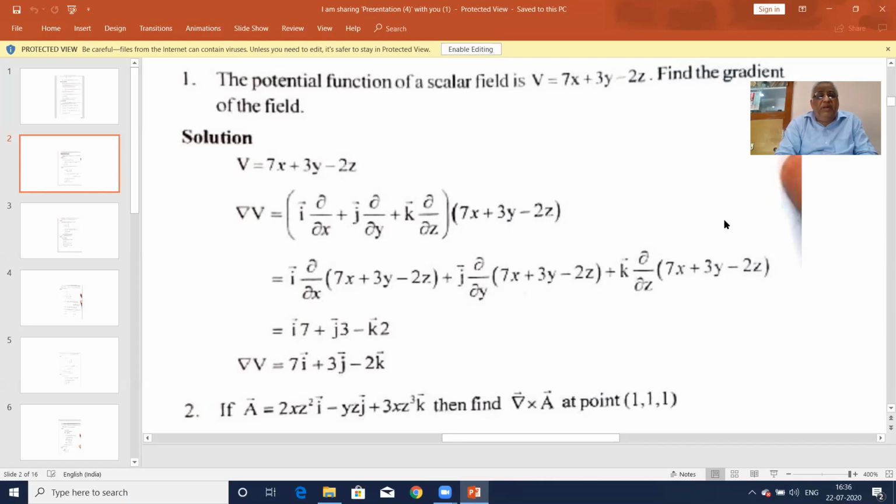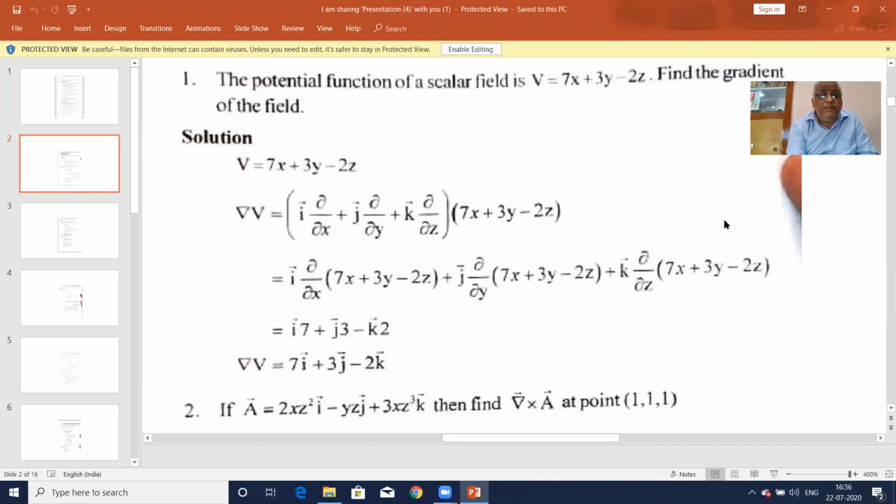If we differentiate with respect to x, y and z, we get the result as i into 7 plus j into 3 minus k into 2. So gradient of the scalar field V is 7i plus 3j minus 2k. This is the solution of the problem.